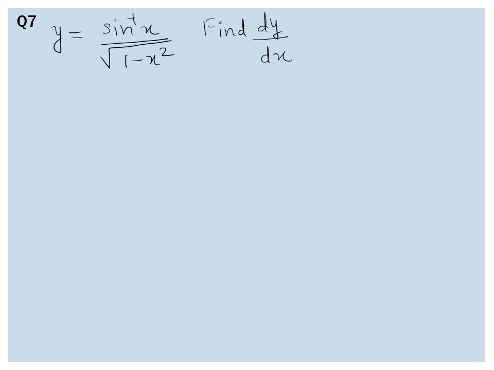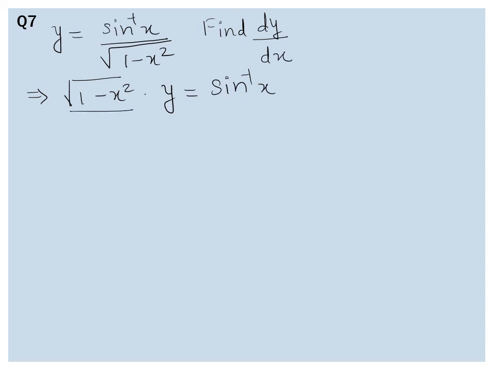One more example of finding dy by dx, but it is simpler to apply the product rule than the quotient rule, and hence we rearrange this as root of 1 minus x square into y equal to sine inverse x. And now at this step we differentiate it with respect to x. So here we need to apply the product rule.